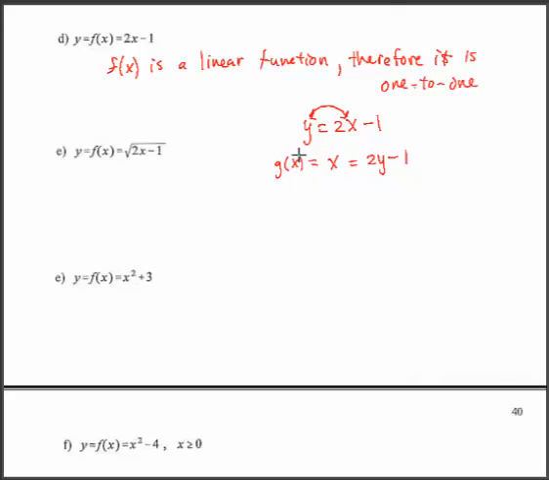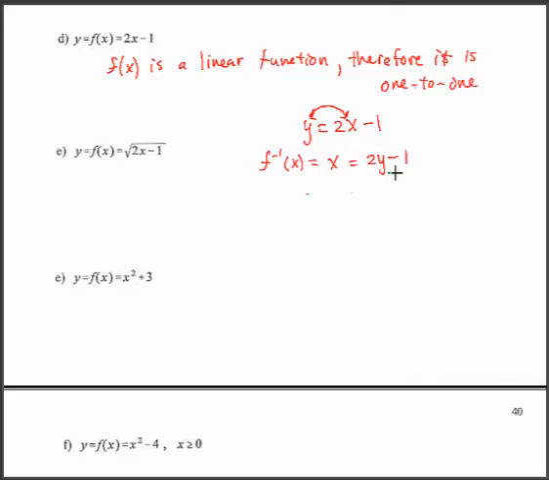Actually I do know that this will be a function because we started with f of x and it was 1-to-1, so I could go ahead and label this as f inverse. Okay, but we're mainly going to work with this piece and we're going to solve for the y.